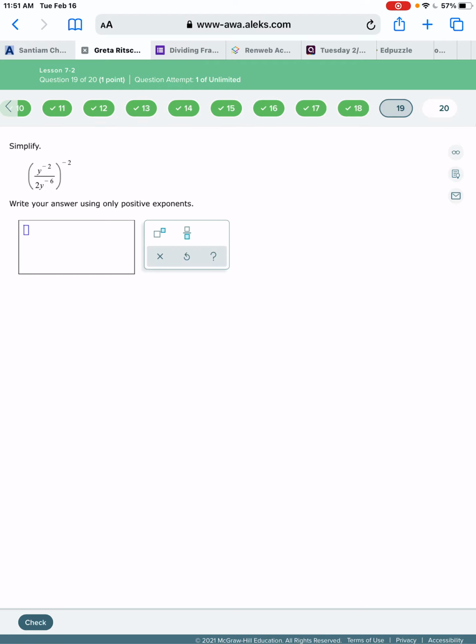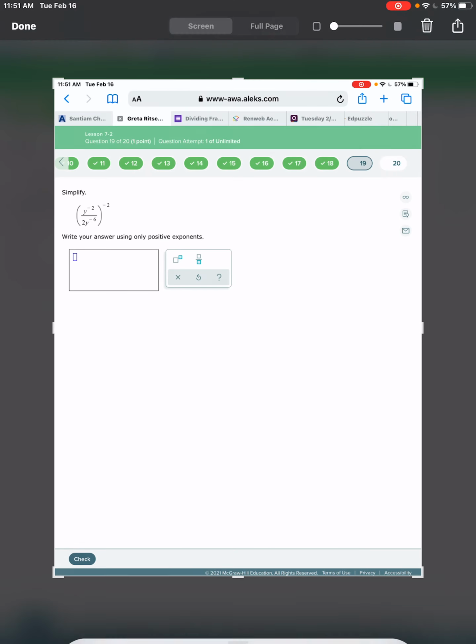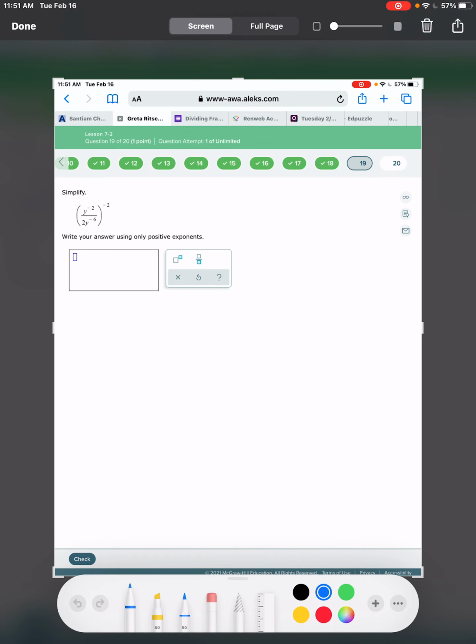All right, lots of negatives going on in this one. Remember that if I have a negative exponent outside of parentheses, it becomes a little easier to think of just flipping everything over. It's not going to change any of my exponents inside just yet, but I just changed that to get rid of that negative. You don't have to do that. In fact, let's just solve it without doing that first.